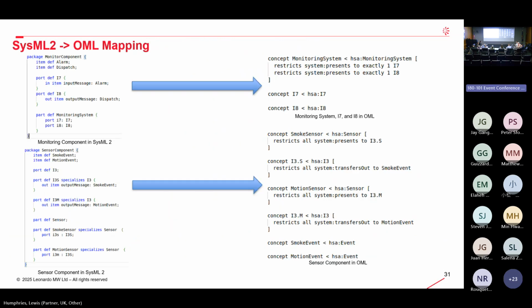Same as how the abstract architecture was done, we took, for example, the monitor components and the sensor components, made SysML2 versions of them, showing here how that would map that SysML2 model into respective OML vocabularies.